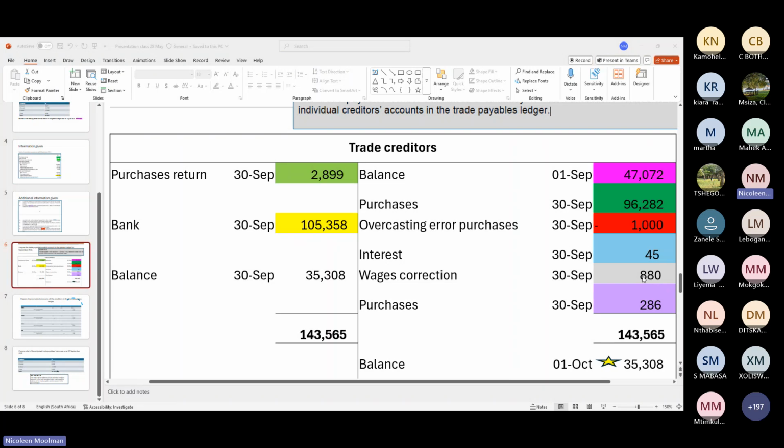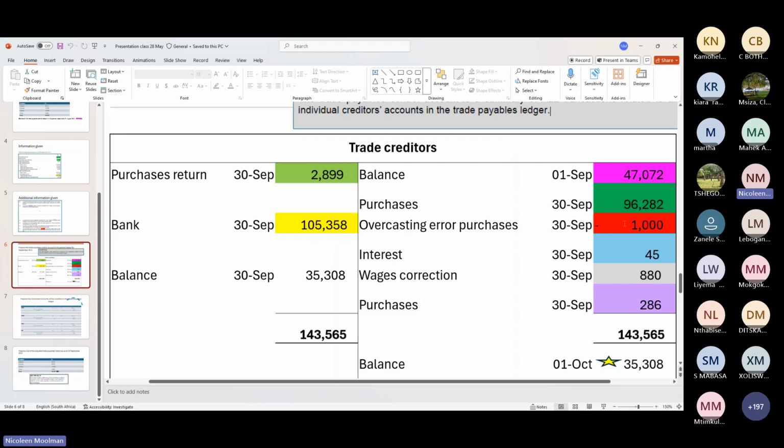We have learned that liabilities decrease on that, but I don't understand why the 1,000 Rand is captured on the credit side. I don't know if any of my peers maybe want to try to also explain the 1,000 Rand. I think what I've picked up and how I understand it is it's just a sum error.